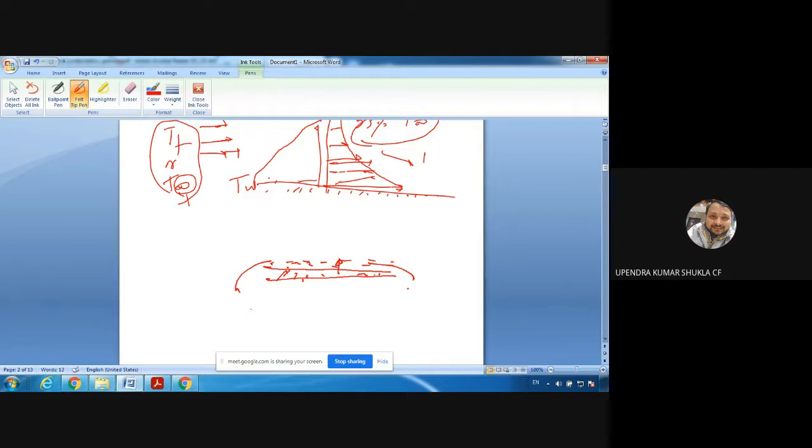So what will the heat flux through conduction be? q double dash, heat flux through conduction in the fluid itself, is minus Kf, the conductivity of the fluid right here.